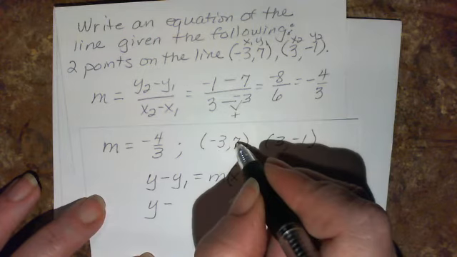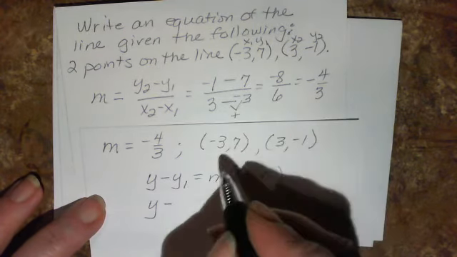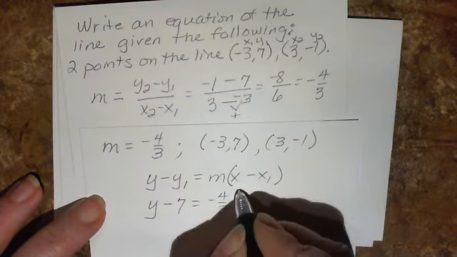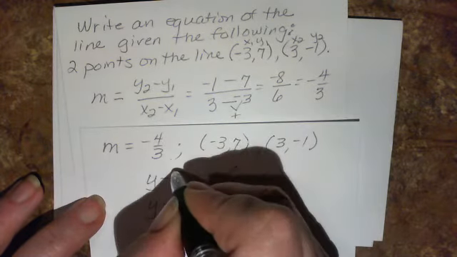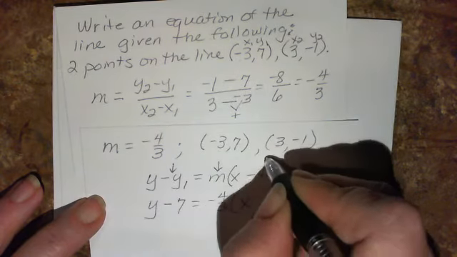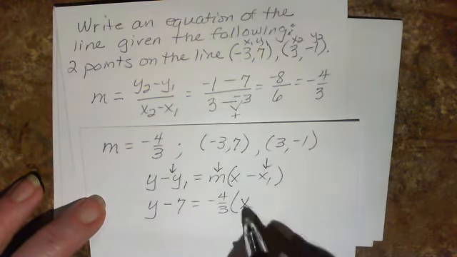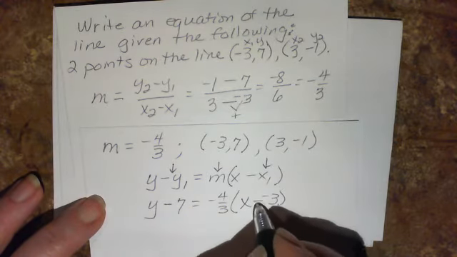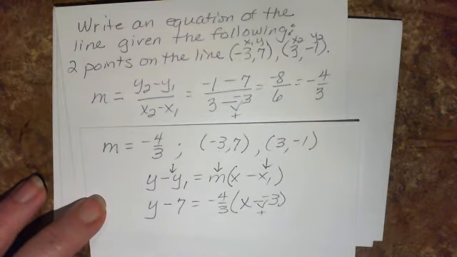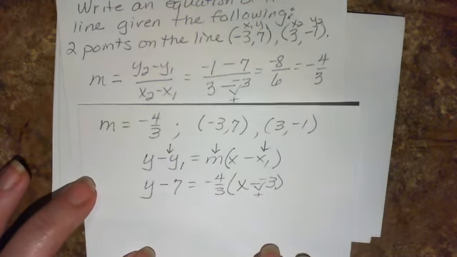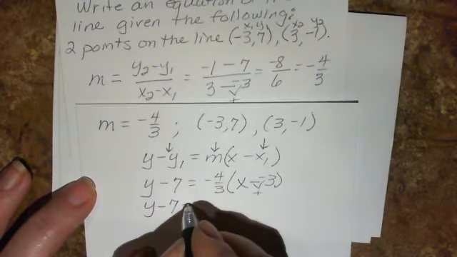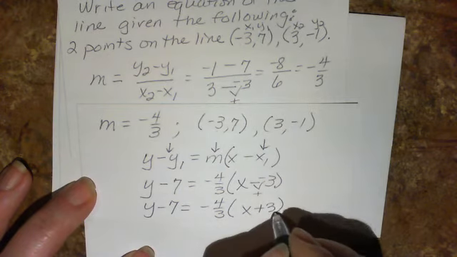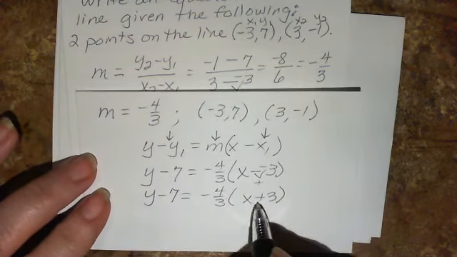So y minus y1, if I choose 7 for my y1 value, m is negative 4/3, x, remember I'm only plugging in or substituting for these, so x minus my x1 value is minus negative 3, so I need to simplify that minus a negative to a plus. So simplifying that gives me y minus 7 is equal to negative 4/3 times x plus 3.